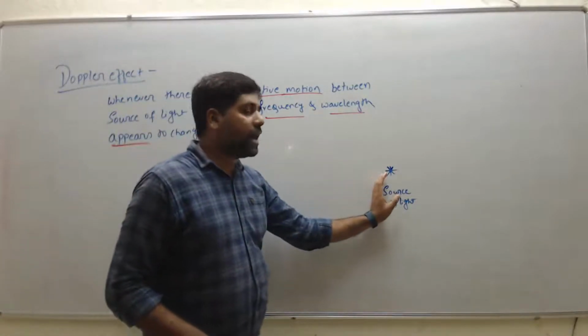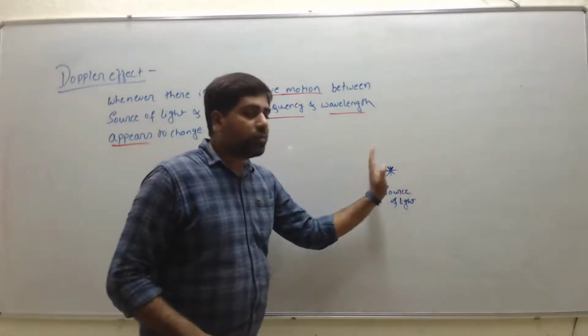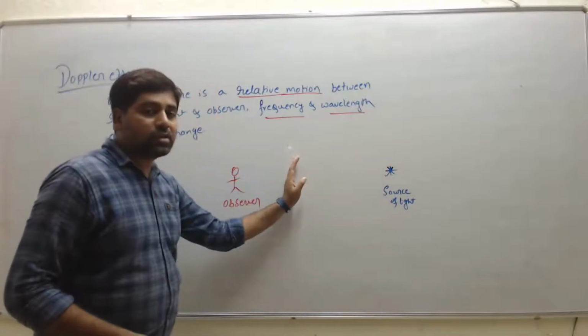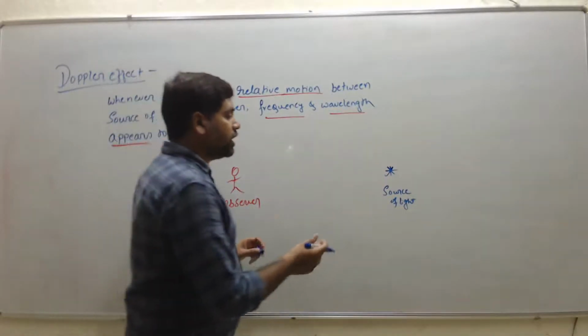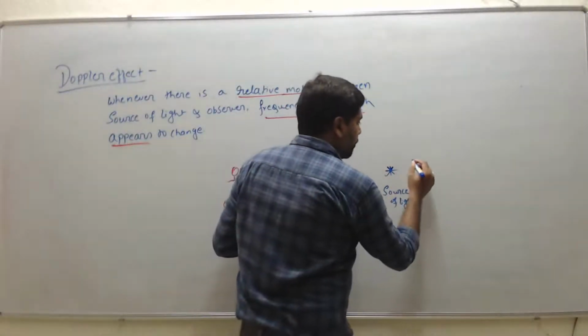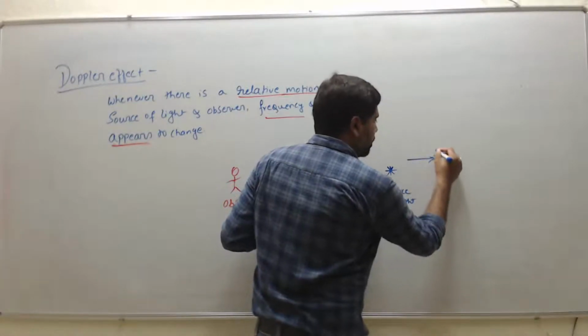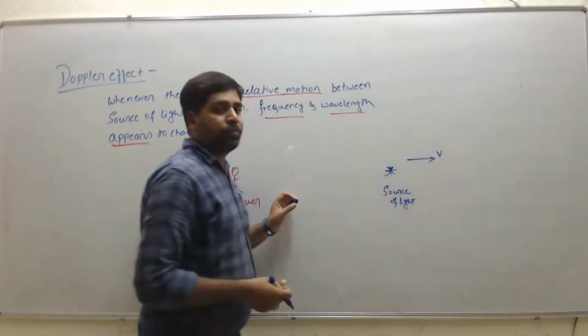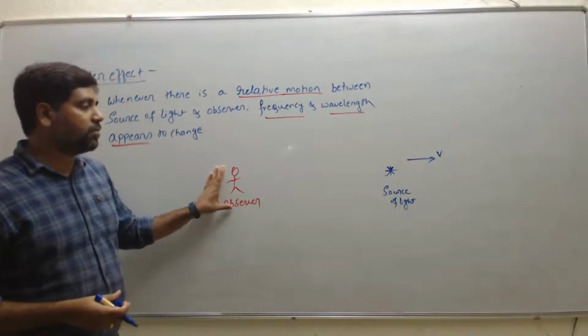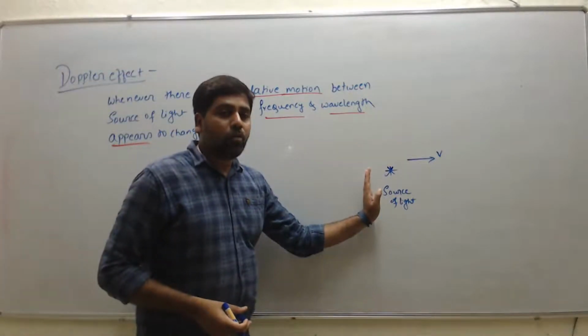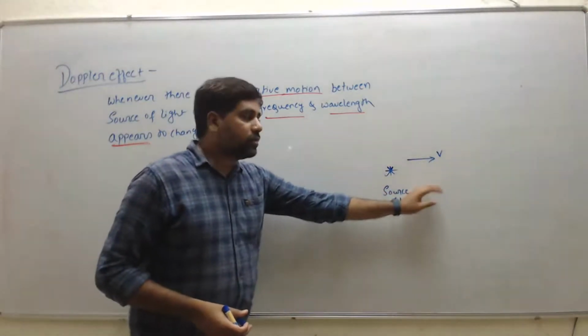As the source of light moves away from the observer or moves towards the observer, what happens? So here we consider the source of light moving away from the observer with the speed v. Here is the stationary observer and the source of light is moving away from the observer.